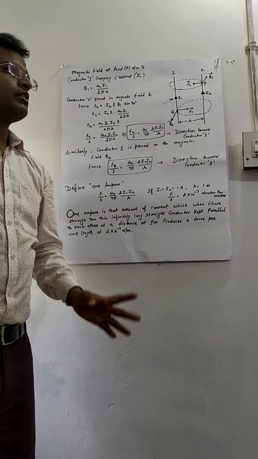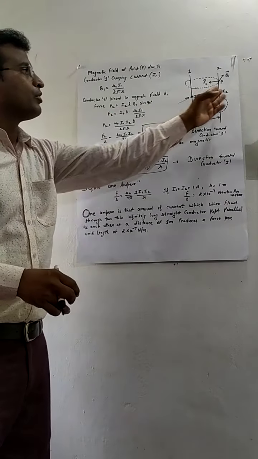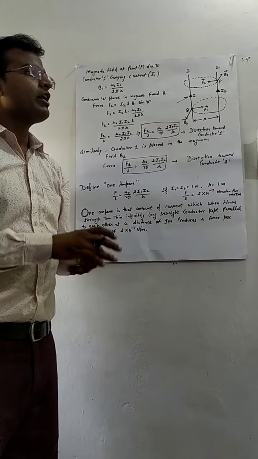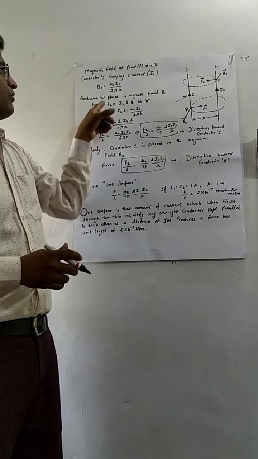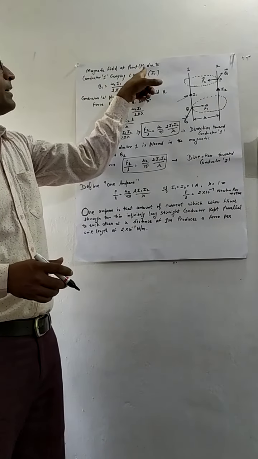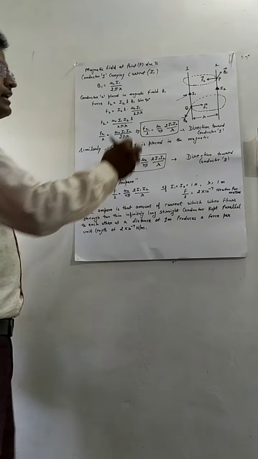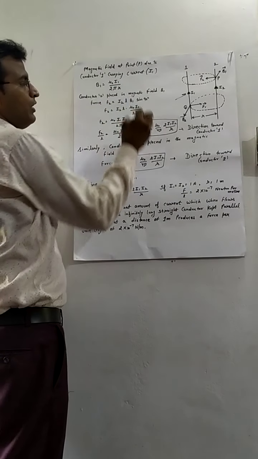We know the formula for the magnetic field at point P due to an infinitely long straight conductor. This is the magnetic field at point P due to conductor 1 carrying current I1, and it is equal to B1 = mu naught I1 by 2 pi r.